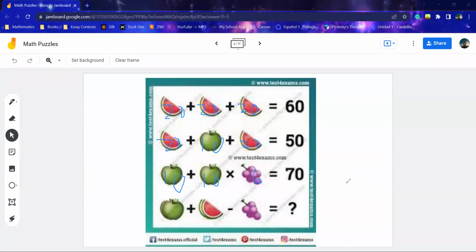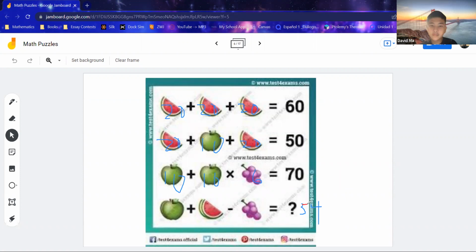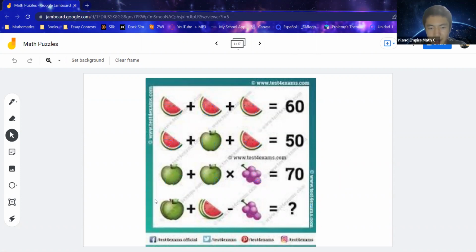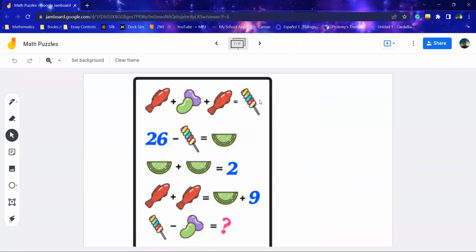So 20 plus 40 equals 60, minus 6 is 54. 4 because there are 2 apples and 2 watermelons. That's correct. That is indeed correct. Just before we move on to the next one, does anyone have any questions about this? Should be fairly simple, right? Yes. All right, sounds good.